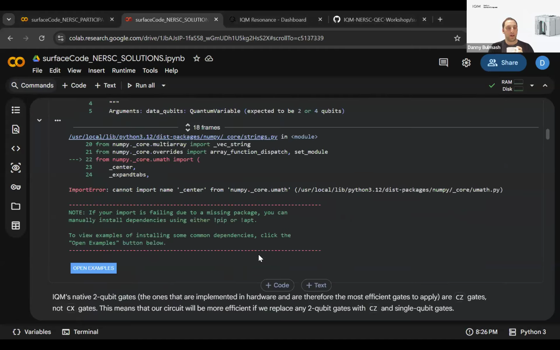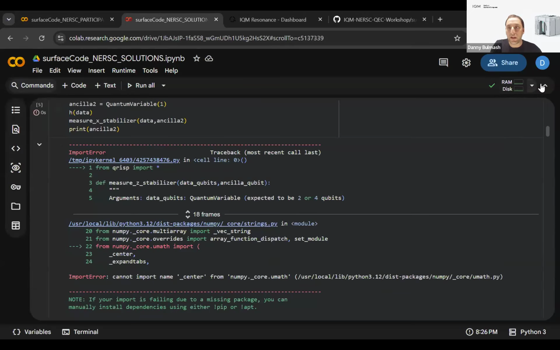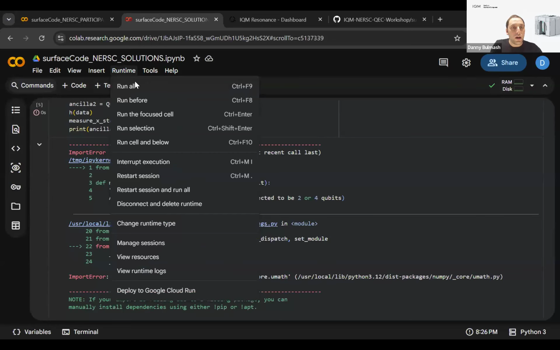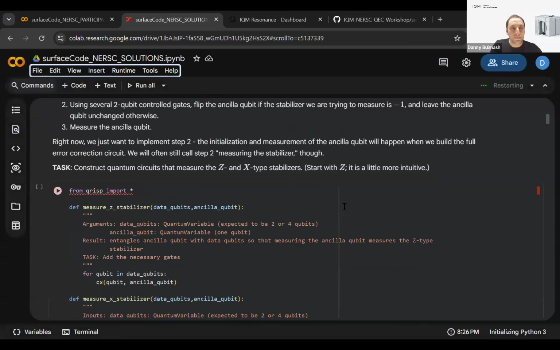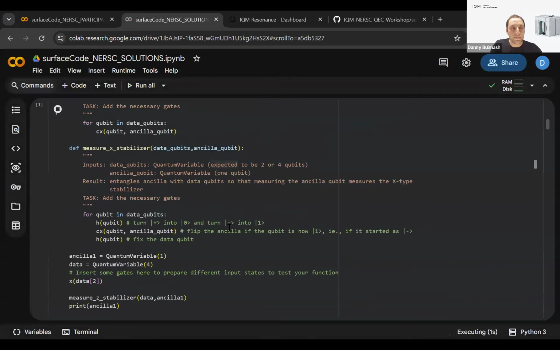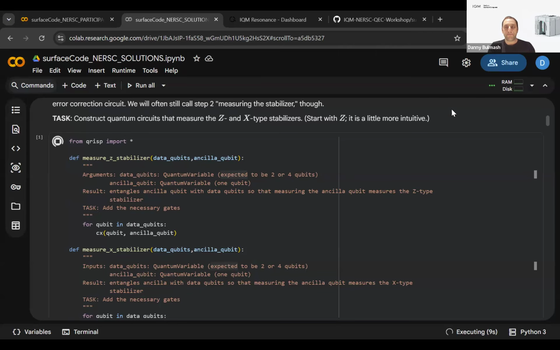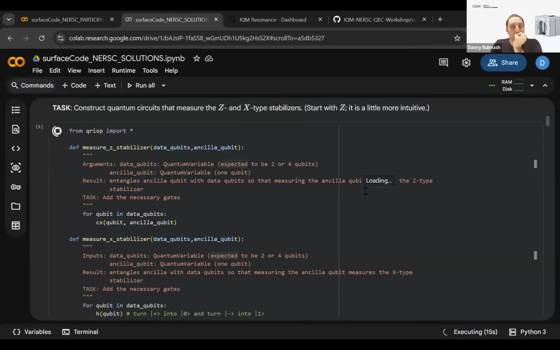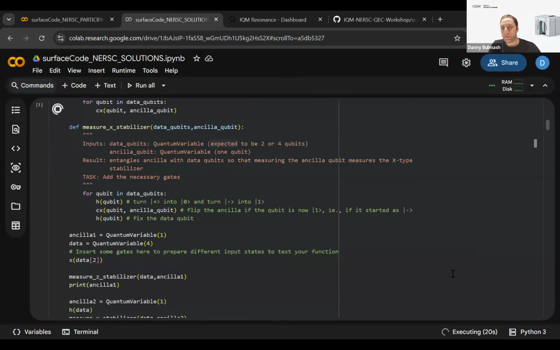Okay, let me make sure that everything up here ran correctly. It did not. Why did that not run correctly? Restart session. Let's try that. The fact that this is taking a while probably means good things.